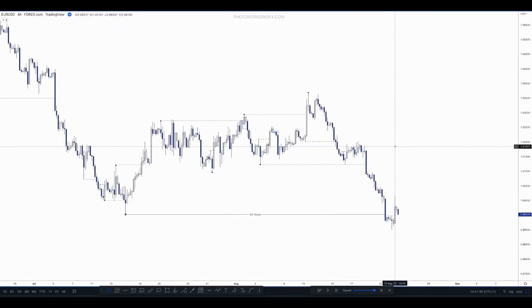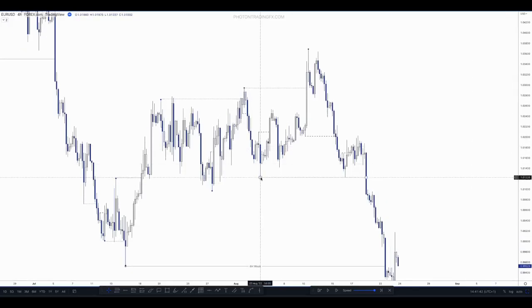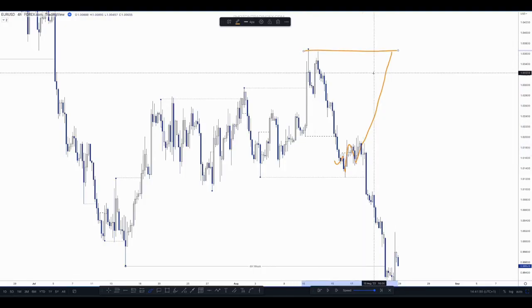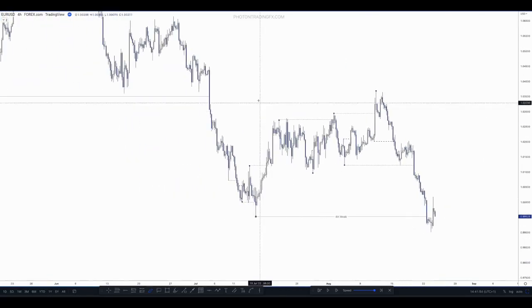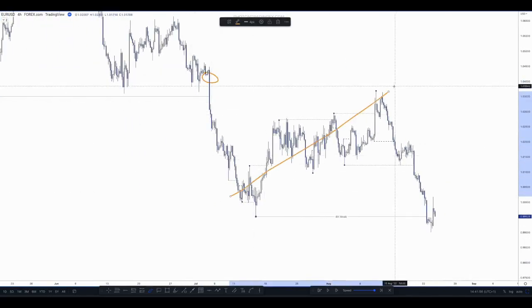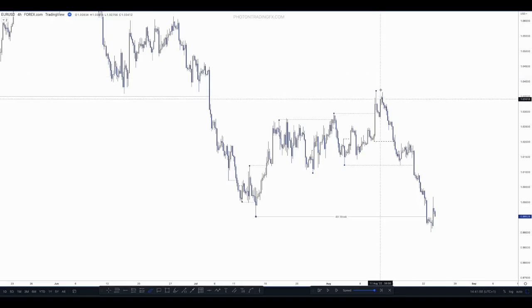A prime example would be, yes, this is a strong internal low when price comes into it, and yes, we do get a bullish change of character. So yes, there's every possibility that price could be ready to go and take out this high. But when you learn other confluence and you realize that this has come into a decent supply level, we've had a swing pullback to premium prices, and all these other things you're going to learn in multi-time frame analysis, you can realize there's a pretty decent chance we're probably going to switch bearish in internal structure.